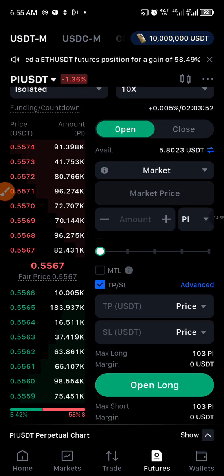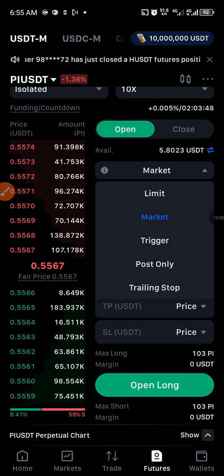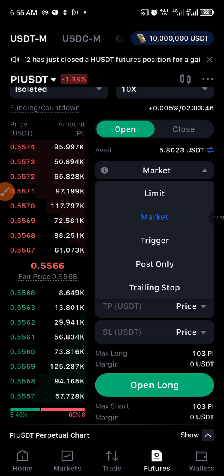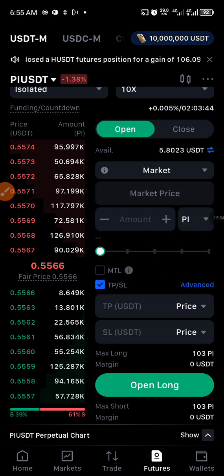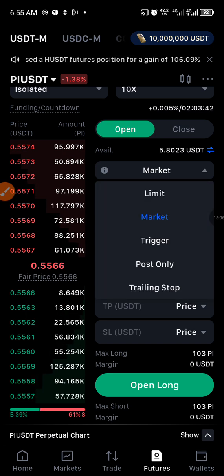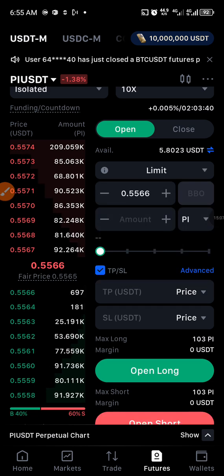Now before you go into long or short, this is where you change how you want to enter into the trade. If you are using limit, that means you want to select your entry price.